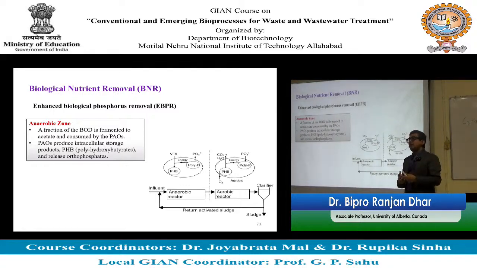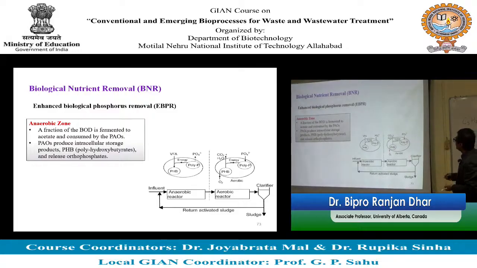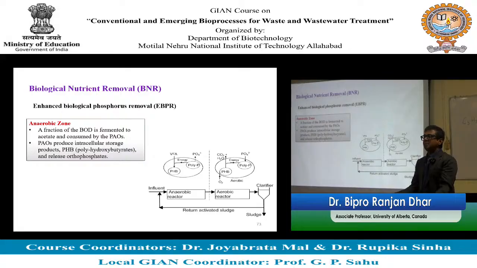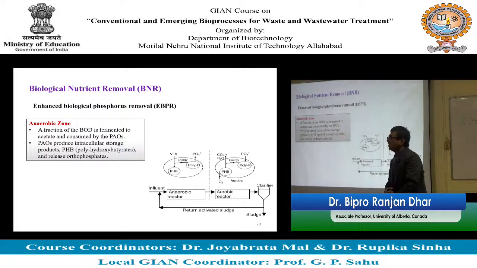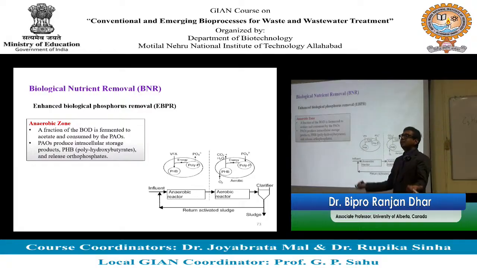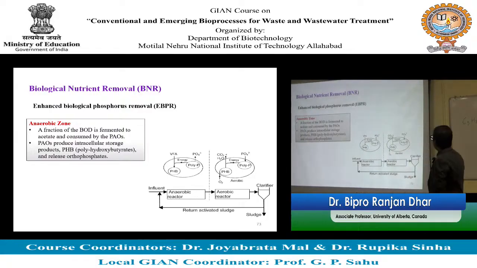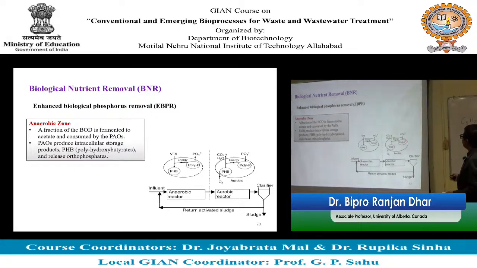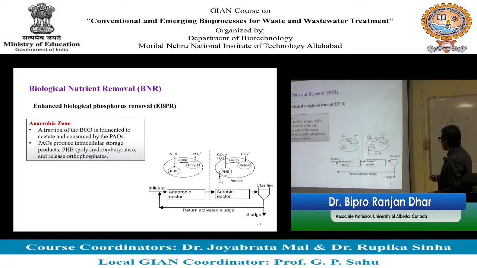And why do we need anaerobic? Because the anaerobic process helps ferment complex organics to simple volatile fatty acids. But when they go to the aerobic process, what happens? Now instead of producing PHB, microbes oxidize the PHB, this complex biopolymer, polyhydroxybutyrate.